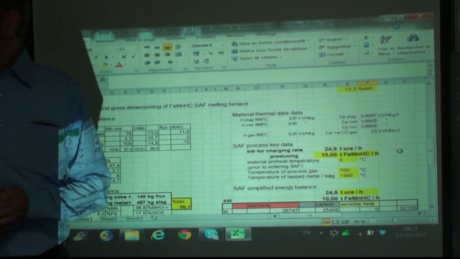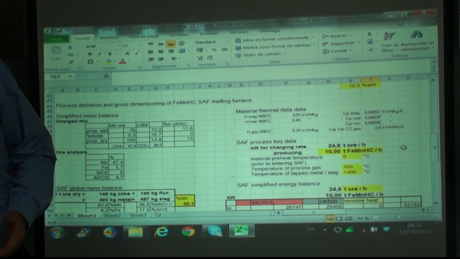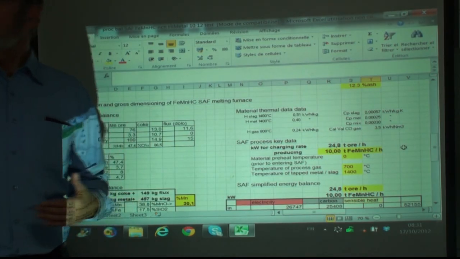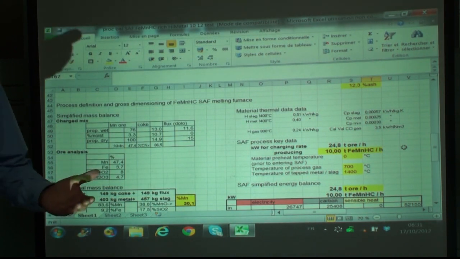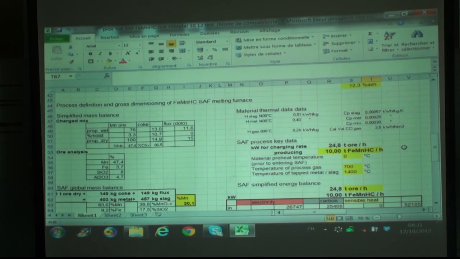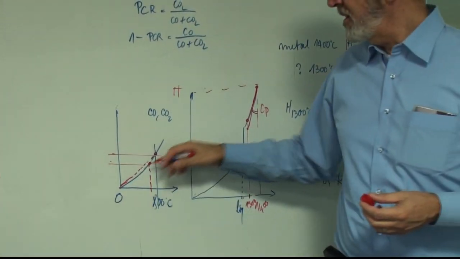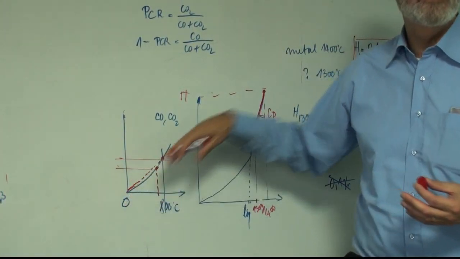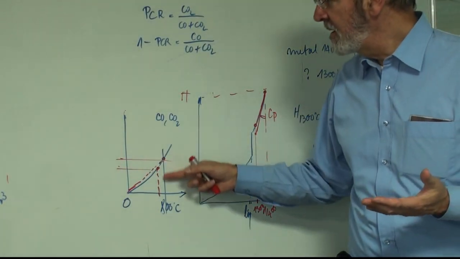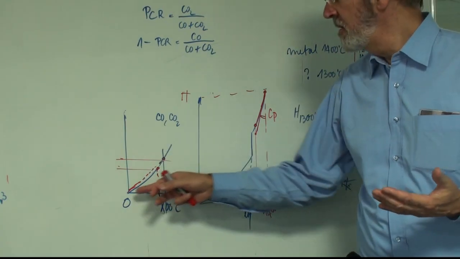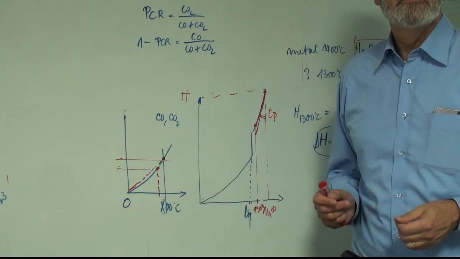In this case, I don't need to use CP because there is no change of physical properties. It's always gas. It's not well drawn, but it's practically linear. Therefore, the enthalpy is proportional to the temperature.